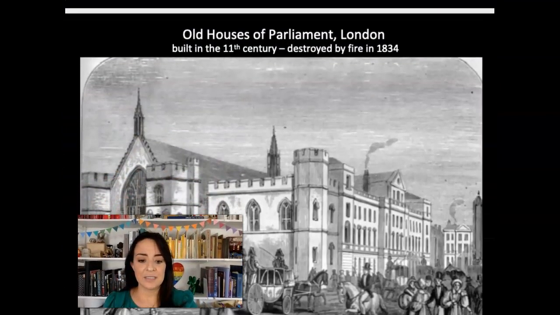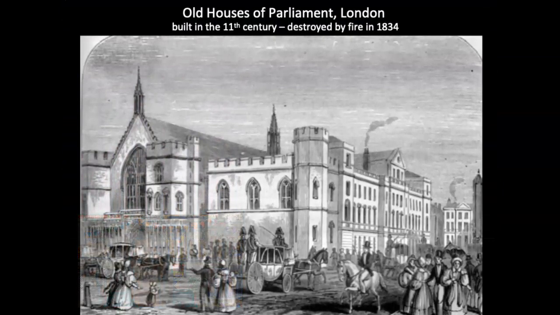Yeah, here is a drawing of the old Houses of Parliament. They had been built in the 11th century with the establishment of the parliamentary government, and they were destroyed by a fire in 1834.